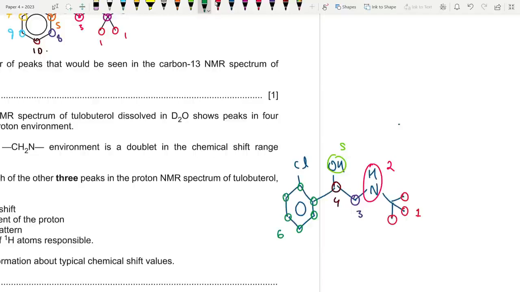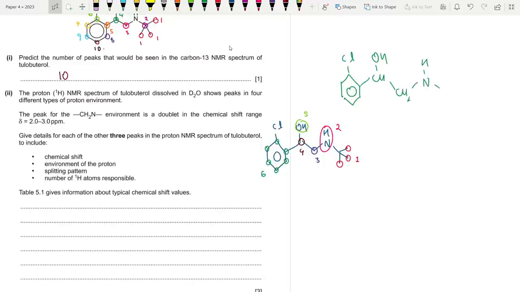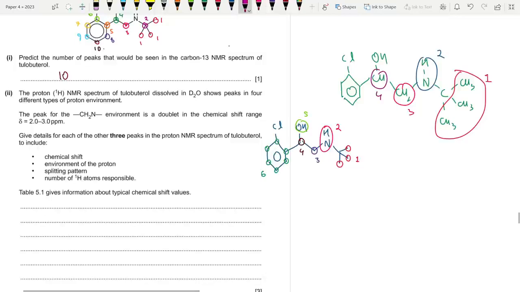I can draw another compound to help you guys. This is the normal version of tolubutyl. CHOH, CH2, NH, C, CH3, CH3, CH3. So all these 3 are environment number 1, this one 2, this one 3, this one 4, this one 5, and all of these are in environment 6.